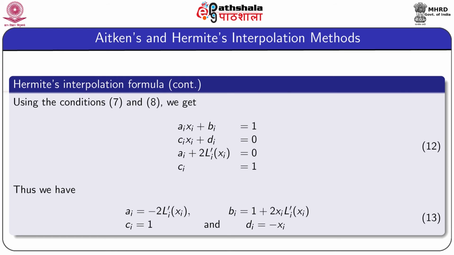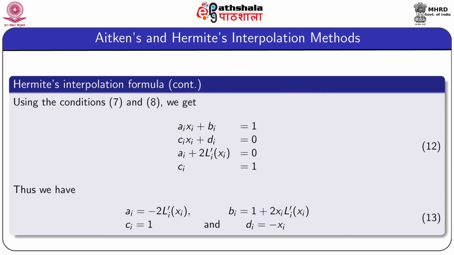Now, from the third equation we get a_i equal to minus 2 into first derivative of L_i at x_i, and from the first equation we obtain b_i equal to 1 plus 2 x_i into a_i. The value of a_i is obtained, that is minus 2 first derivative of L_i at x_i, that means b_i equal to 1 plus 2 x_i into first derivative of L_i at x_i, and from the fourth equation we get c_i equal to 1, and hence from the second equation you obtain the value of d_i, that is equal to minus x_i.